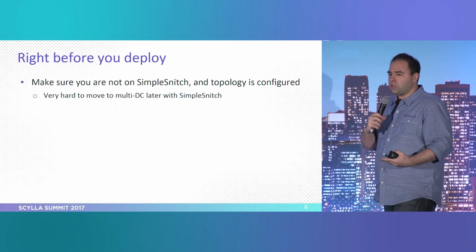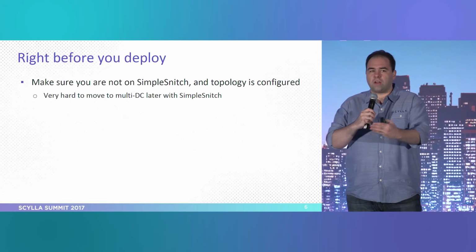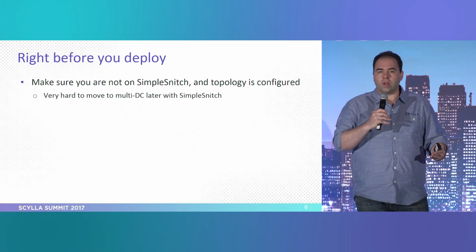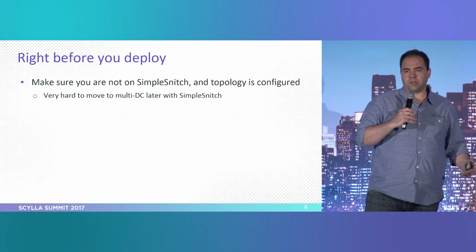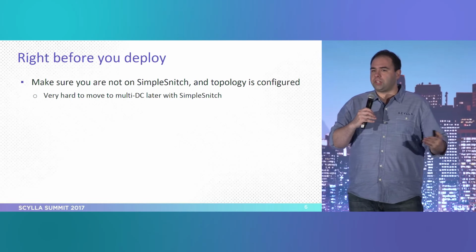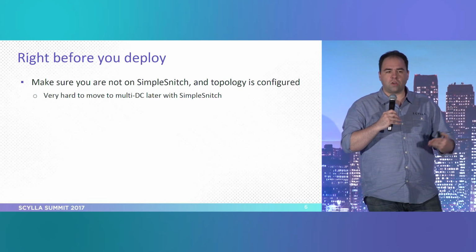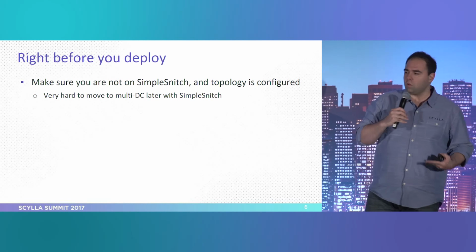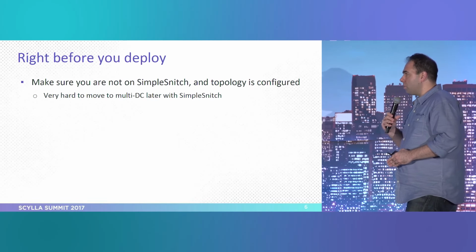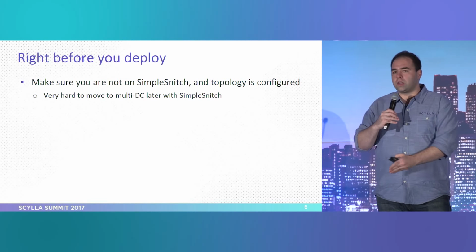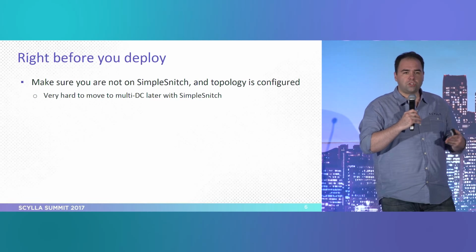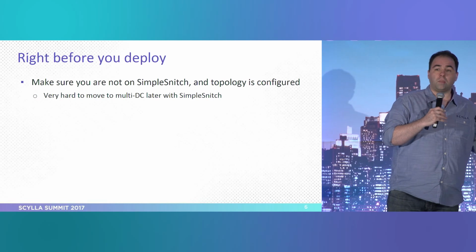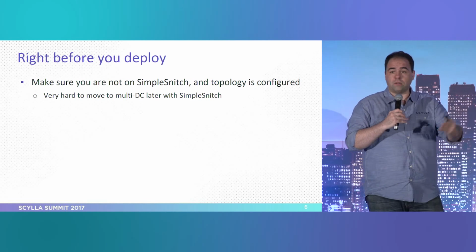If you start with the simple snitch because you think, okay, I only have really one data center, when you actually want to have more data centers, you're going to have to change that, and changing that on the fly with the database online is quite a challenge. It is possible. However, that is something you want to avoid. So checklist item number 2, make sure that from the start you are using a snitch and a strategy that is aware of your network topology, even if your network topology right now is very simple.